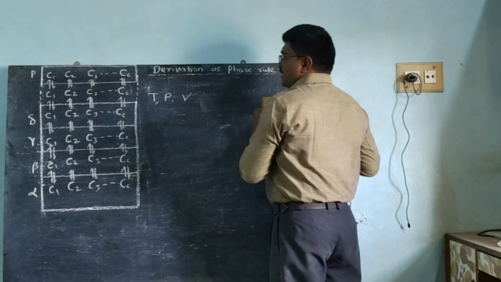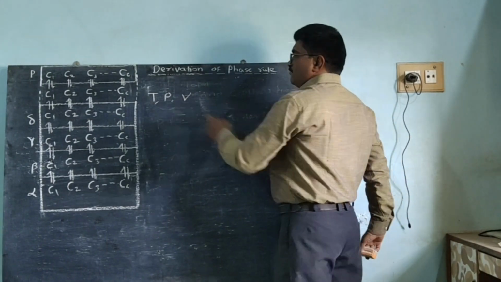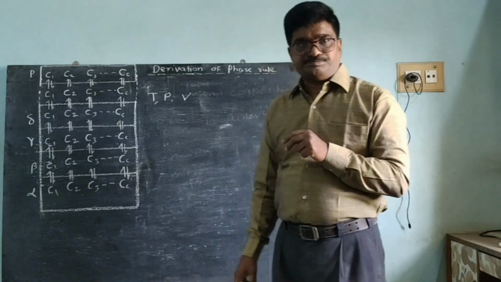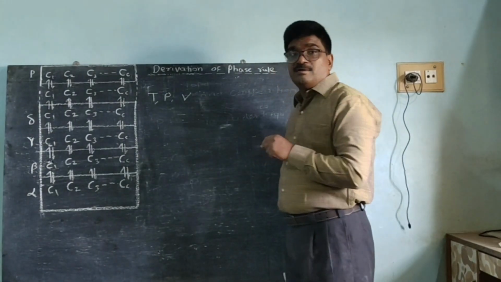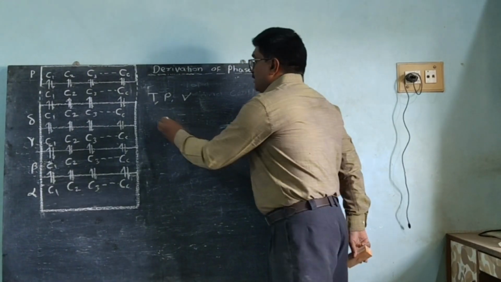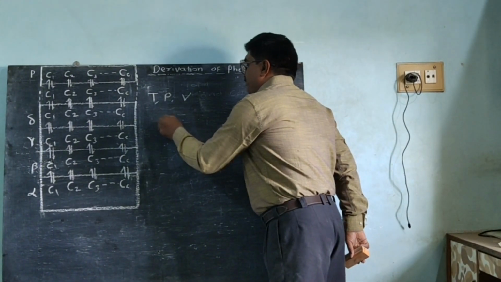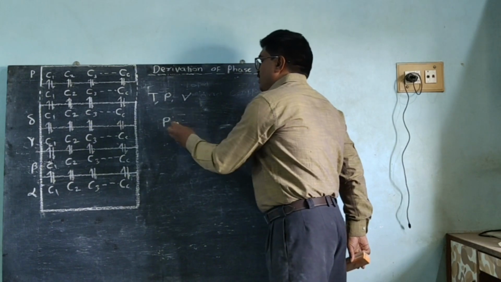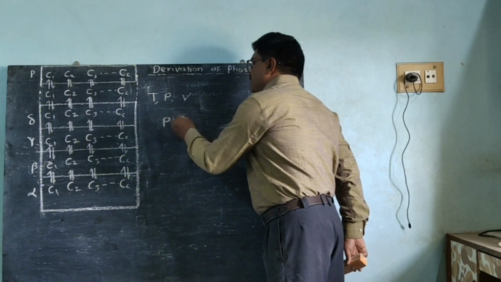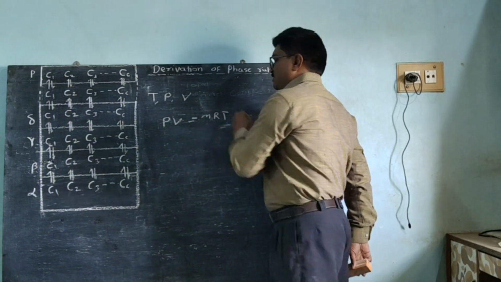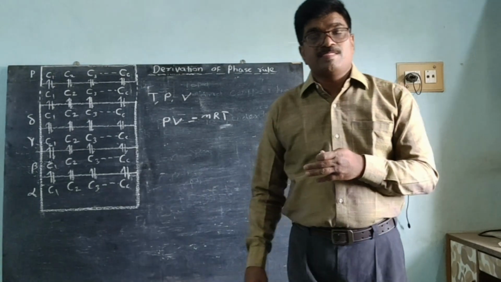Out of the temperature, pressure and volume, we can select only two. Why? Here, pressure, temperature and volume are related by the equation PV is equal to nRT, you know, the ideal gas equation.